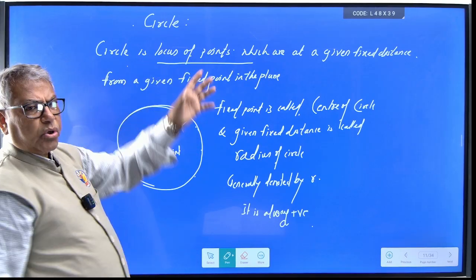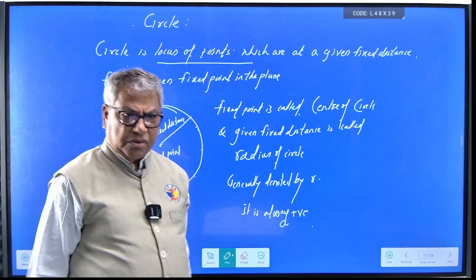So a circle is a locus of points, a collection of points, a set of points.